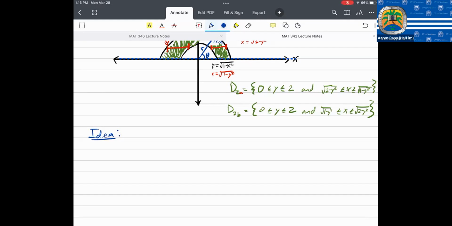So there's this idea that sometimes these domains, even though we can probably stick with type 1 and type 2 and make it work by breaking it up into pieces that are manageable, if I'm going to have to keep breaking up into 2, 3, 4 different integrals, that's not going to be a nice thing to do. So maybe I instead say, okay, let's change up the way I'm looking at these functions. Instead of functions of x and y, when more appropriate, something like this where we start seeing semicircles, do it instead in terms of polar coordinates.